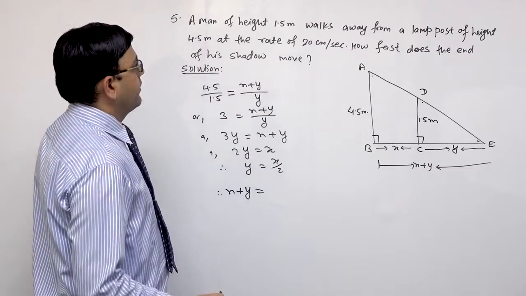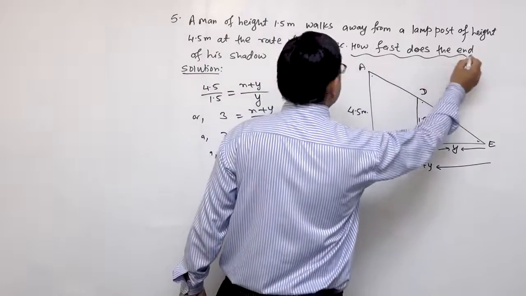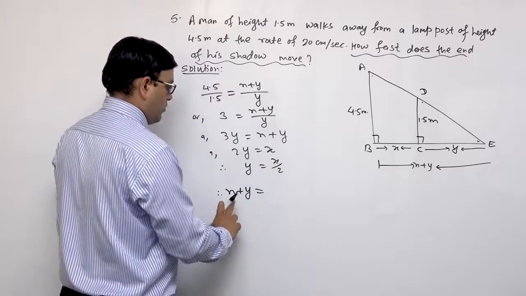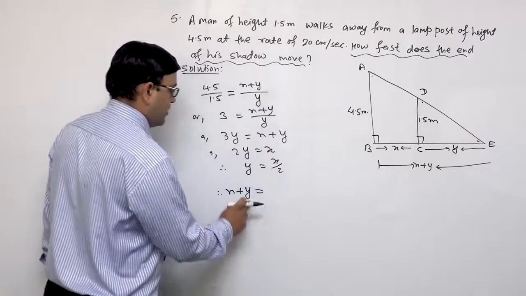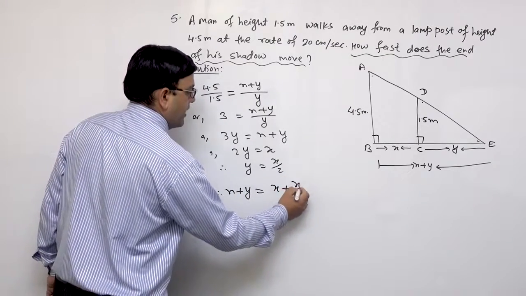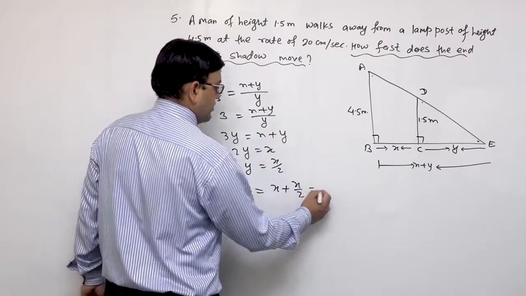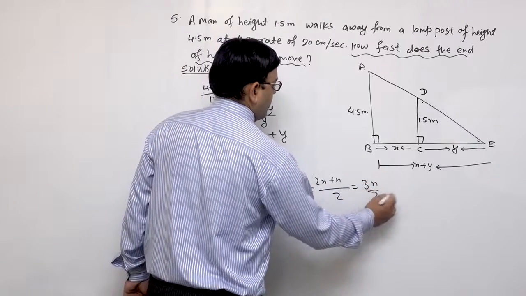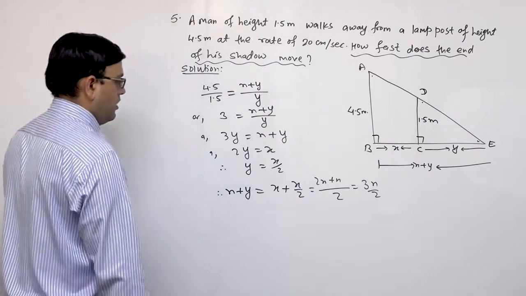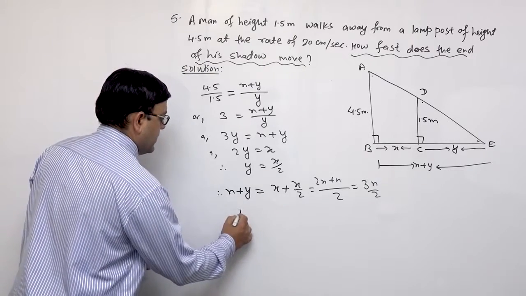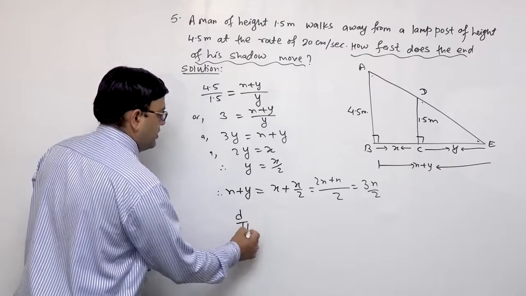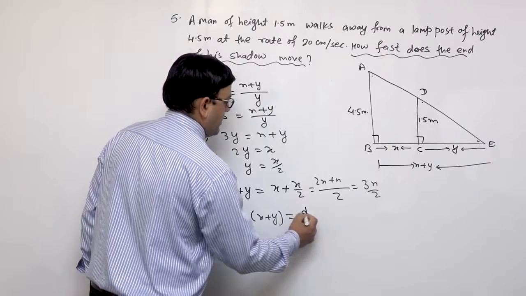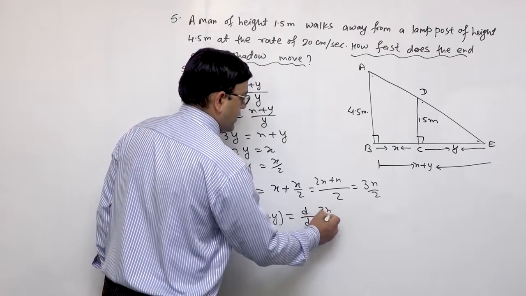We have to find how fast the end of his shadow moves. So we are focusing on BE, that is x plus y, which is x plus x by 2. We can take LCM, so 2x plus x is equal to 3x by 2. Now taking derivative on both sides, d by dt of x plus y is equal to d by dt of 3x by 2.